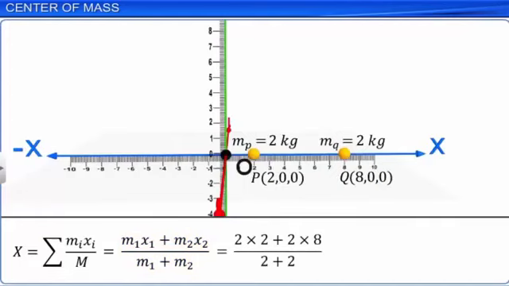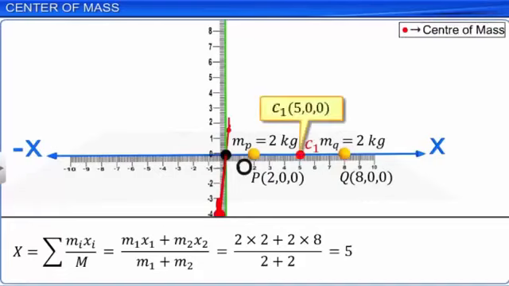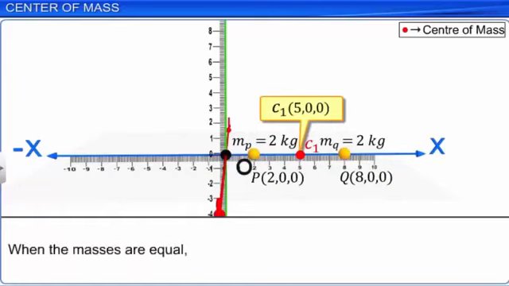The location of the center of mass is C1 of 5, 0, 0. Note that when masses of both particles are equal, x is a simple average of x1 and x2. What happens to the center of mass if the mass of the second particle is increased to 6 kg?